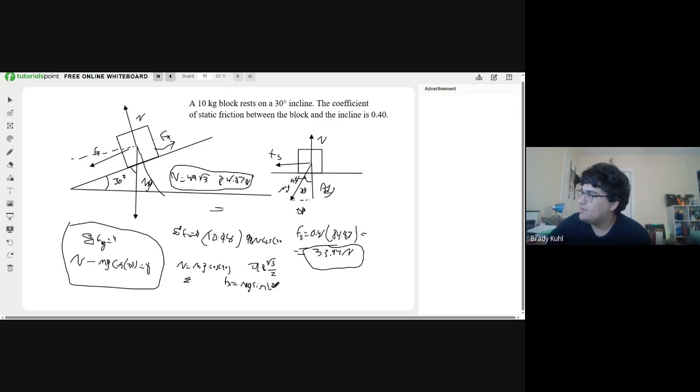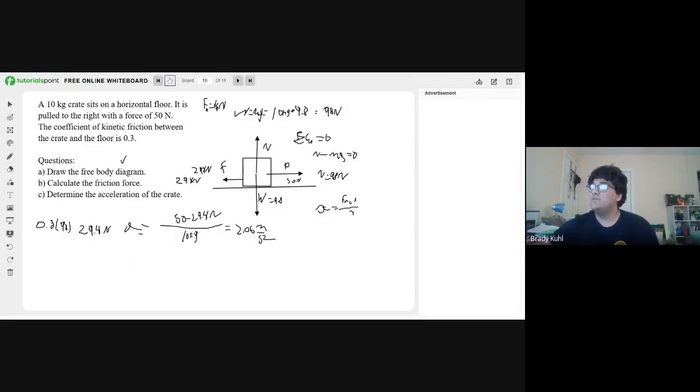Sine of 30 is half, so we get 98 times 0.5, which is 49 newtons.